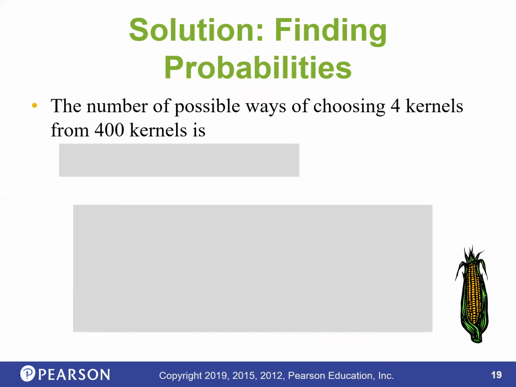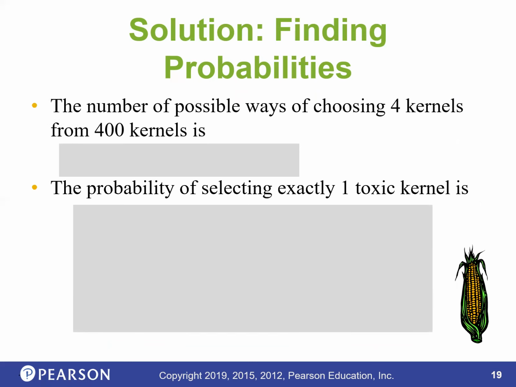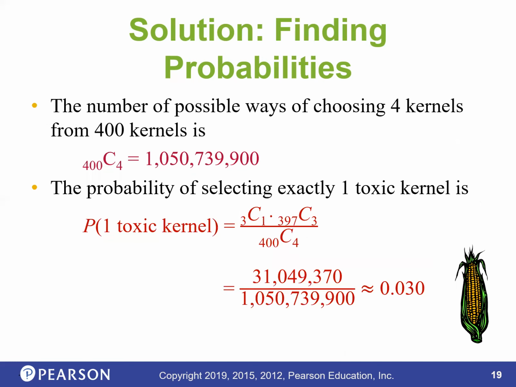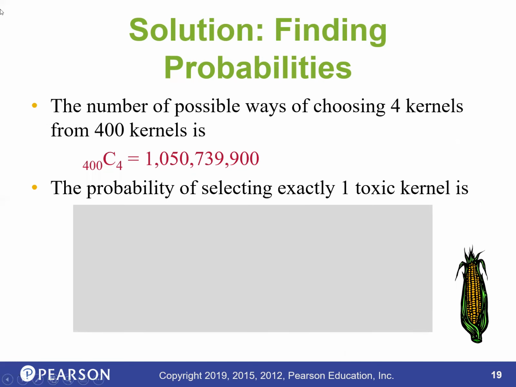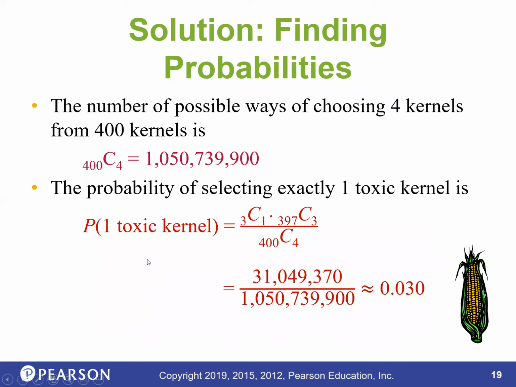So now finally, the number of possibilities of choosing 4 kernels from 400. That's going to be our denominator, right? This is just choosing them in general. We're going to choose 4 from 400. This is the total of all different possibilities. And then finally, here it is.